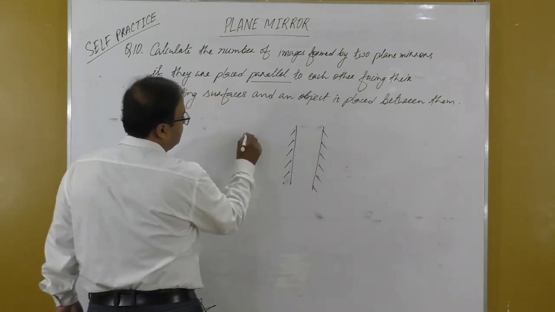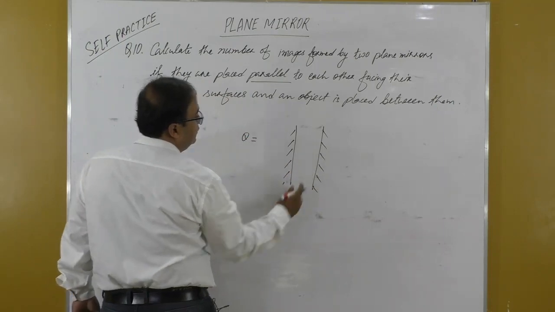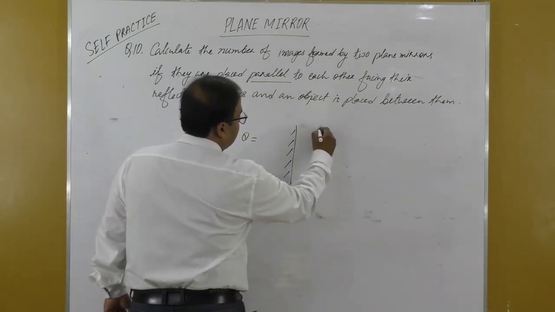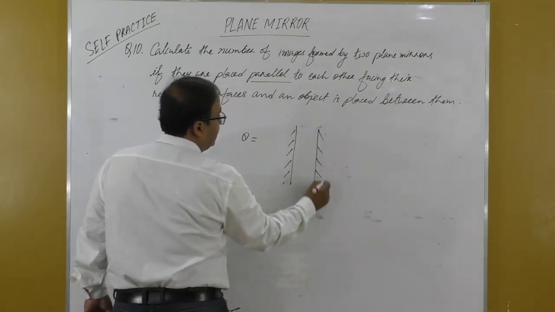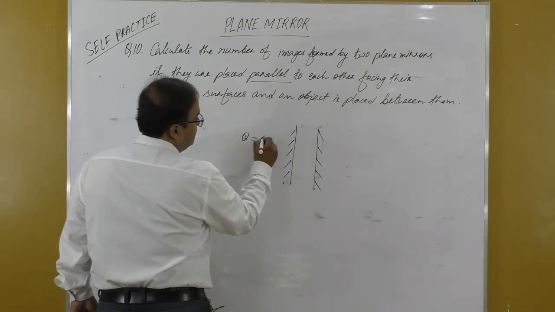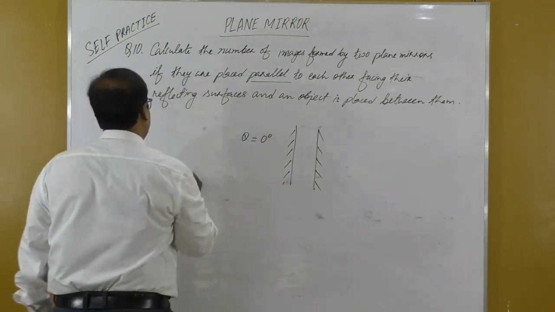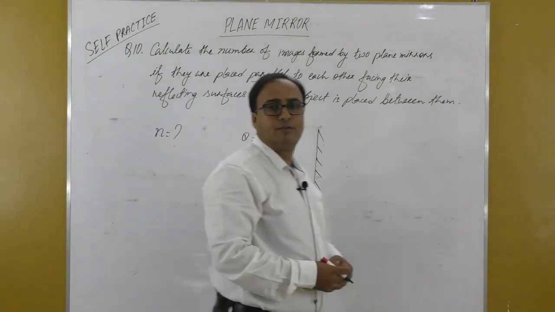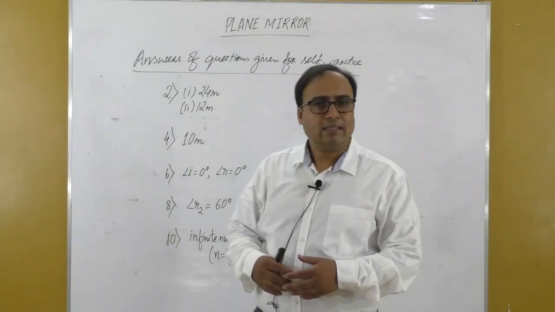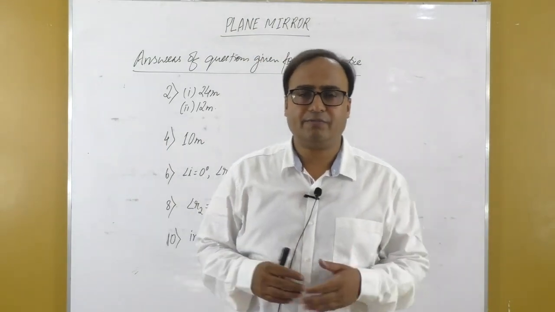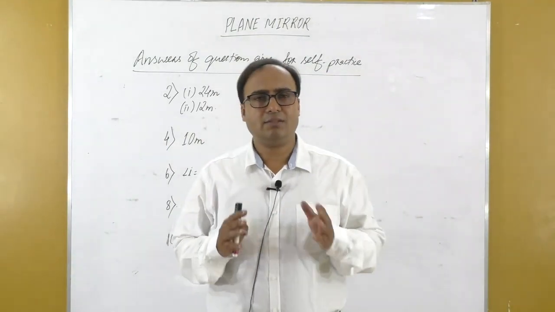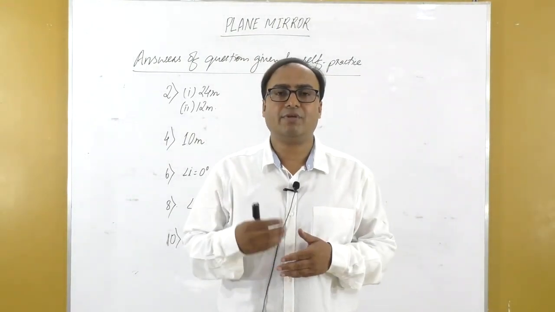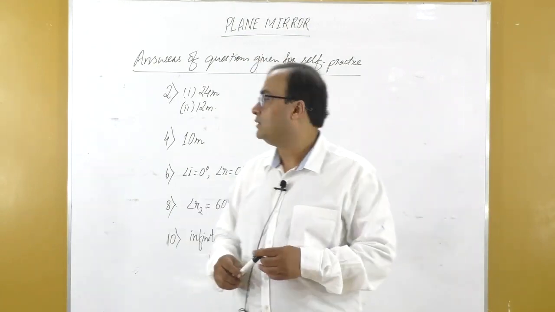In this case, the angle between the two mirrors is 0 degree, and you will have to find out the number of images. Simple question. As I mentioned in the starting part of the video, I will give you answers to all the questions that I am giving for self-practice.